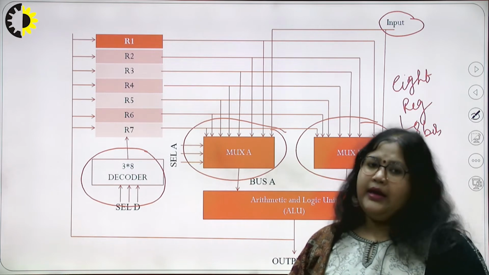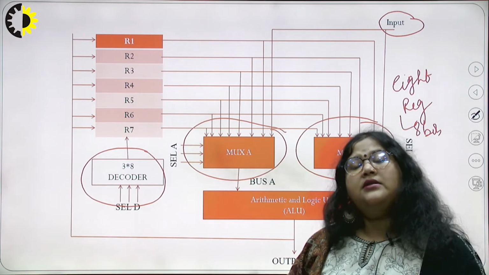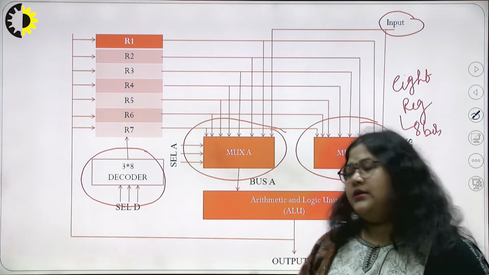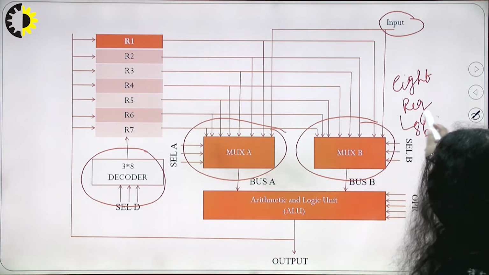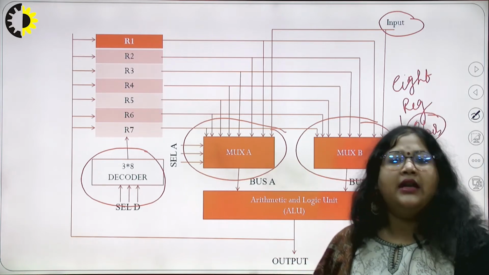There are 8 muxes, because the number of muxes depends on the number of bits. So if there are 8 bits, 8 muxes are used.